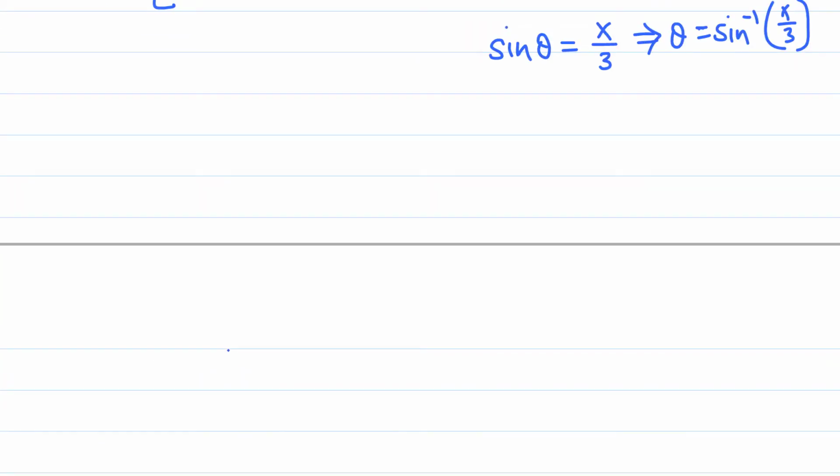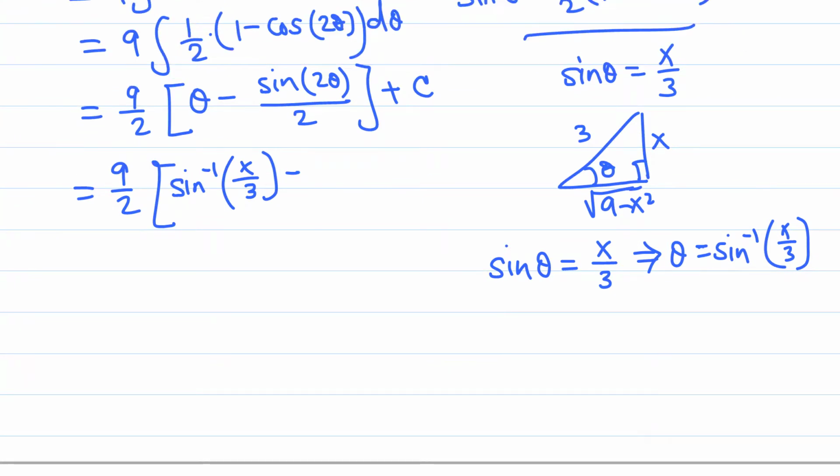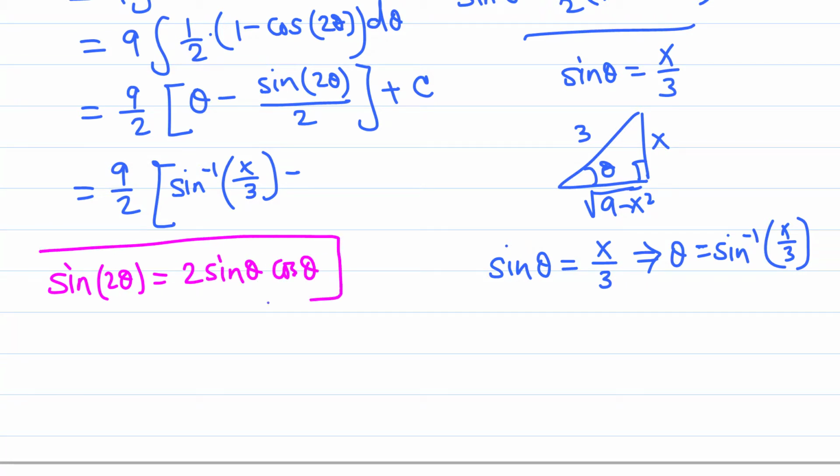From trigonometry, if you recall correctly, sine 2 theta is sine of theta plus theta, and we can use the sum rule, and we know that sine 2 theta is 2 sine theta cosine theta. So I'm going to apply that. So sine 2 theta is 2 sine theta cosine theta over 2.